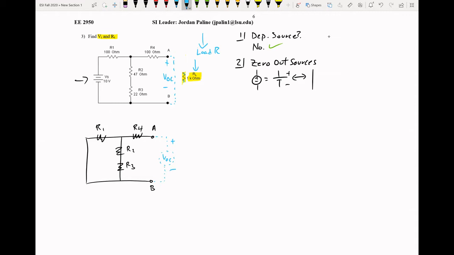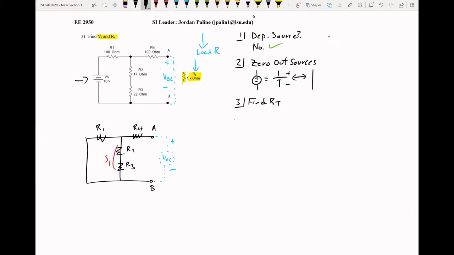Okay. Now what we need to do is step three, find R Thevenin. So looking here, we've got a couple things we can do. First step is we see series one. R2 and R3 are going to be in series.